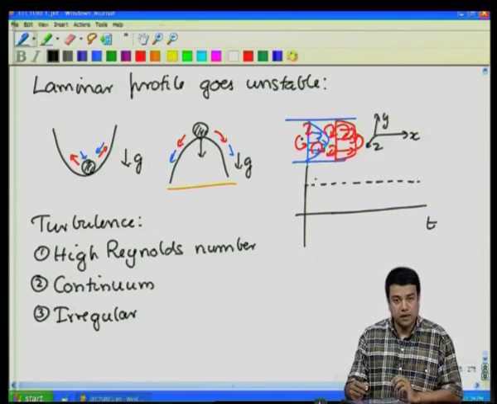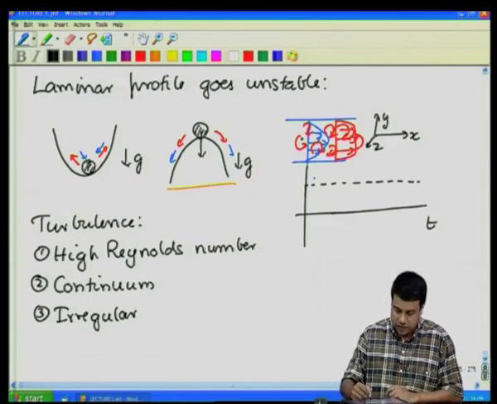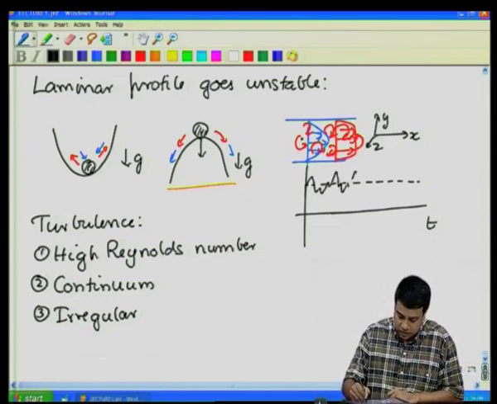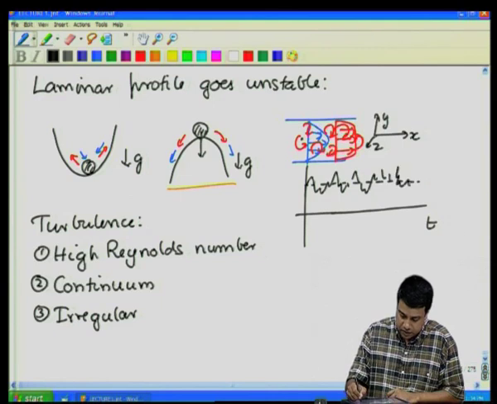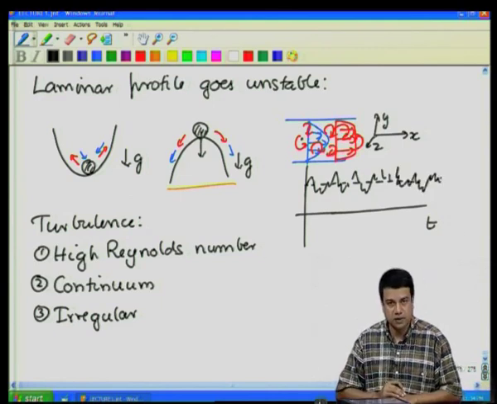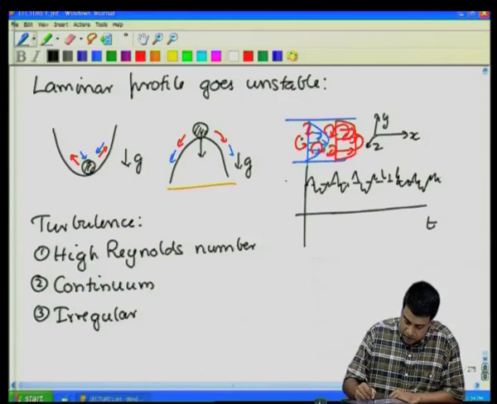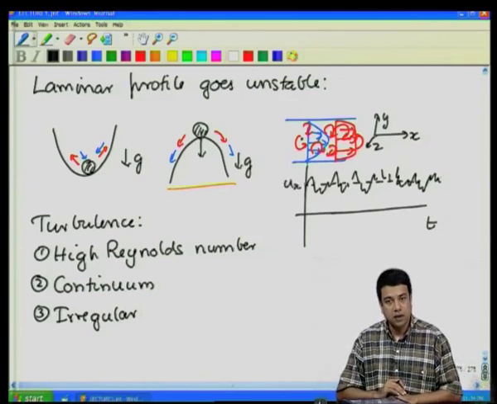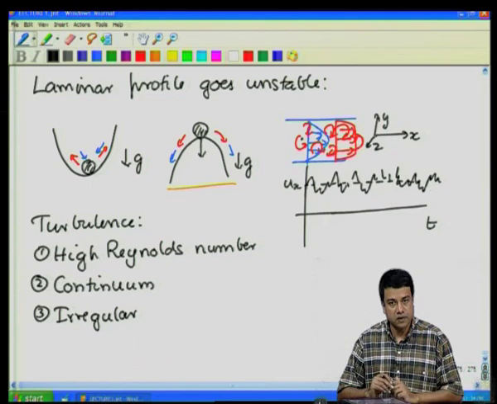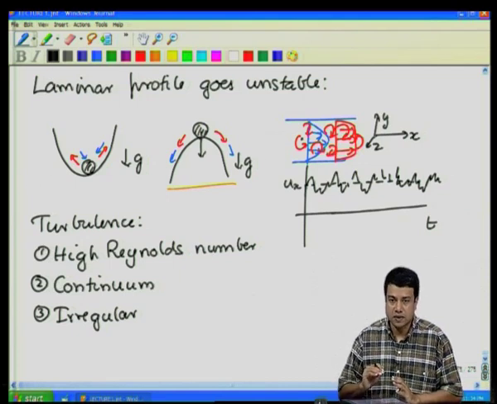However, if you plot the instantaneous velocity, you will find that it actually fluctuates around the mean. It has highly irregular fluctuations about the mean. So, there is u x. In addition, you will find that there are velocity fluctuations both in the y and the z directions as well. It is not that you just have fluctuations in the x direction alone.